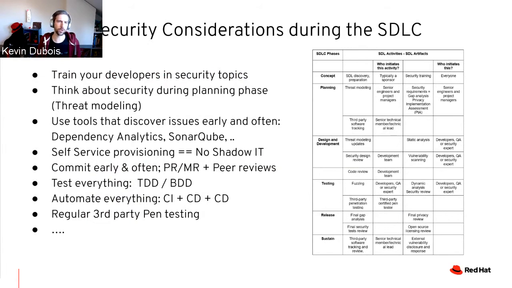And then we should use tools as we're developing that discover issues early and often. So there's tools like dependency analytics, where you could get immediately in your IDE as you're writing code, you're importing a dependency. It'll tell you immediately, hey, this version has some vulnerabilities. You probably don't want to use this version.